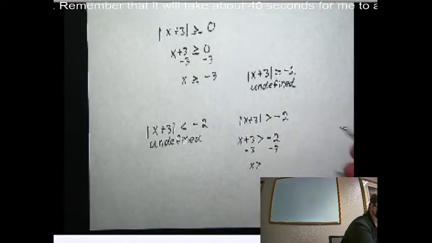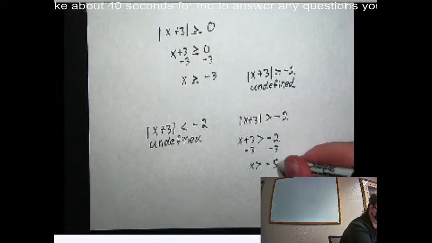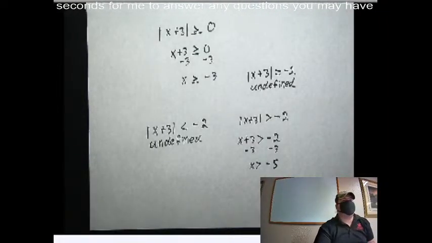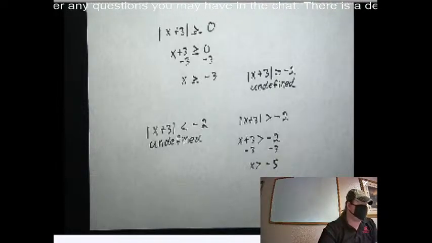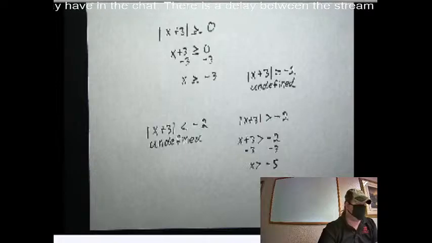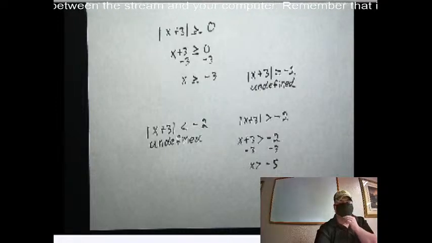And x must be bigger than negative 5. That's the only way that we can get this one to work. Does that make sense? Okay.